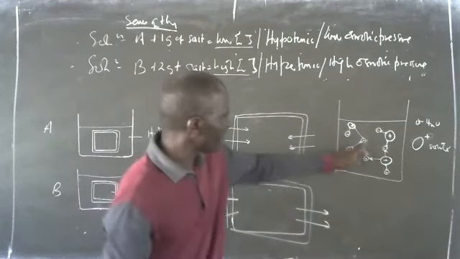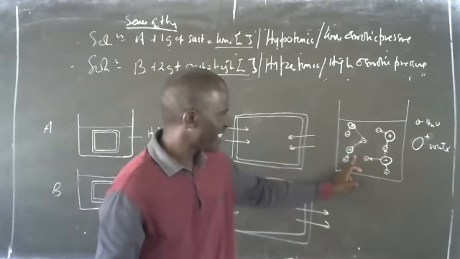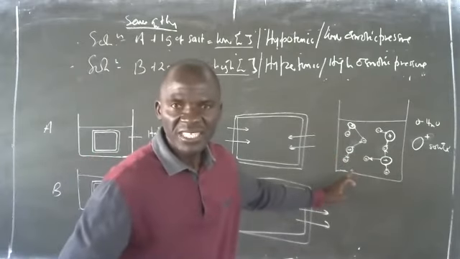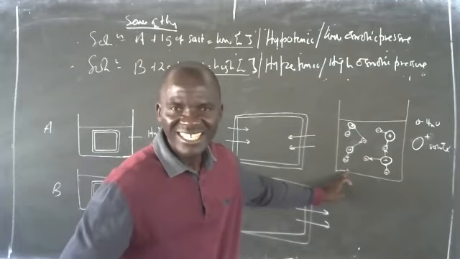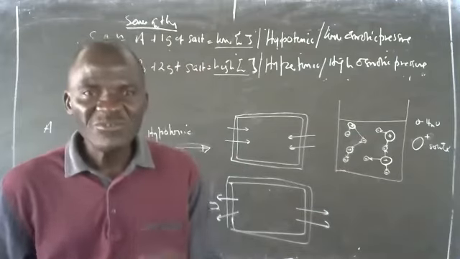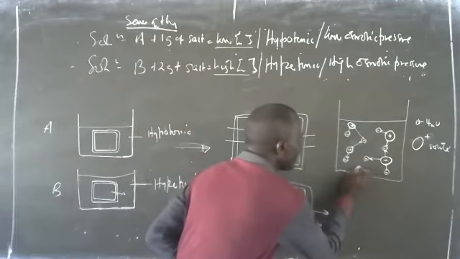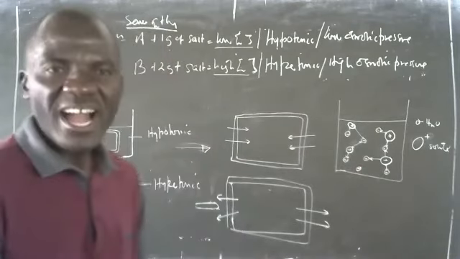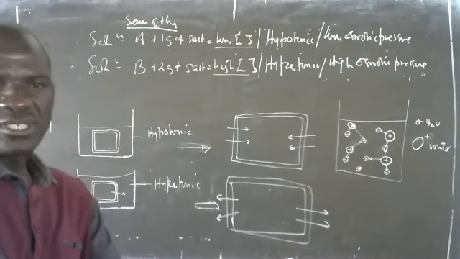Now look at this solution here. Its water potential is very low. Why? It doesn't have any free. If I may put here one water molecule, I would say it has only one water molecule which is free to move.